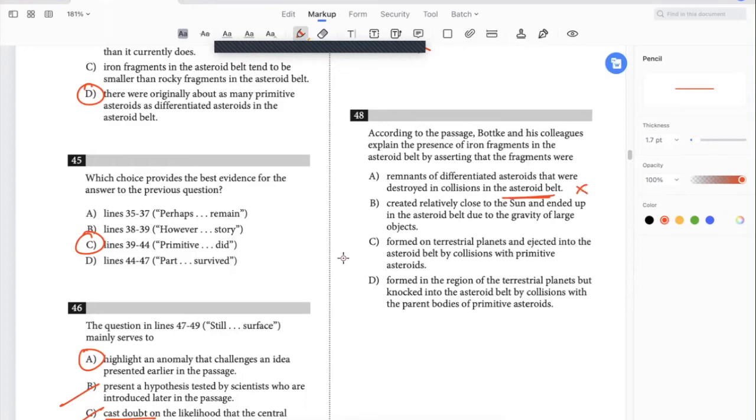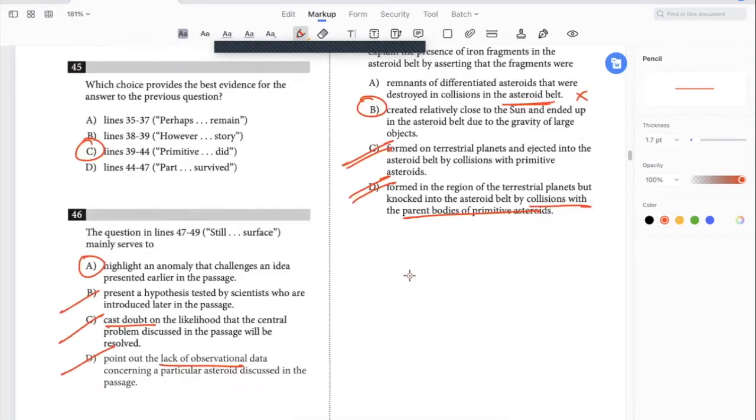Okay, so definitely not C. We know that they were formed close to the sun, but we are talking about gravity of large objects, right? Yeah, it is gravitational pull that brought them here, not the collisions with the parent bodies of primitive asteroids. It's very clearly given that gravitational pull was responsible for them ending up in the asteroid belt.